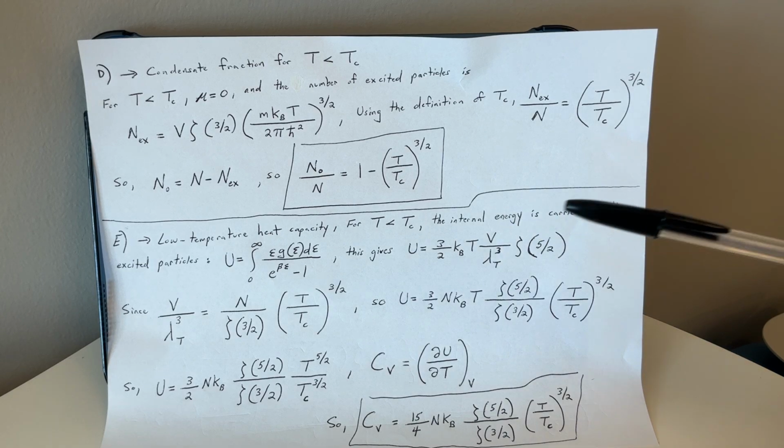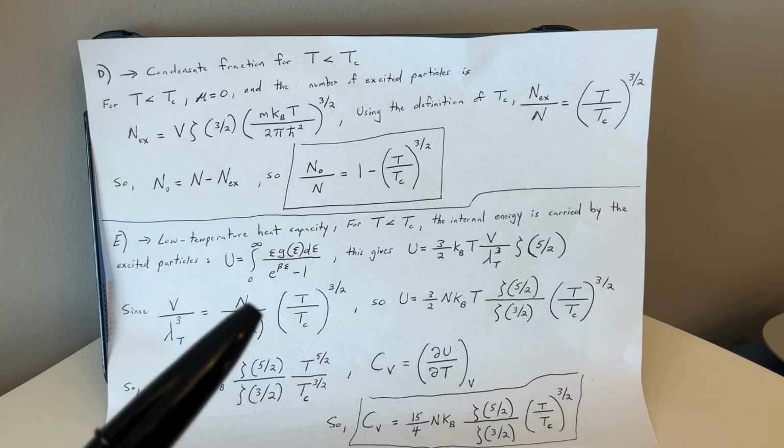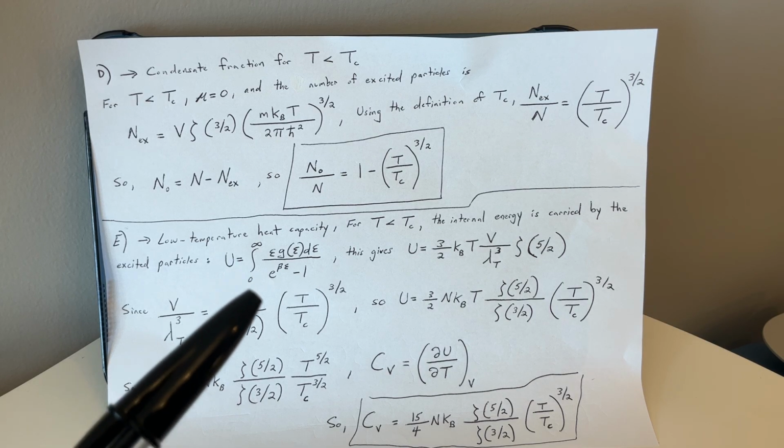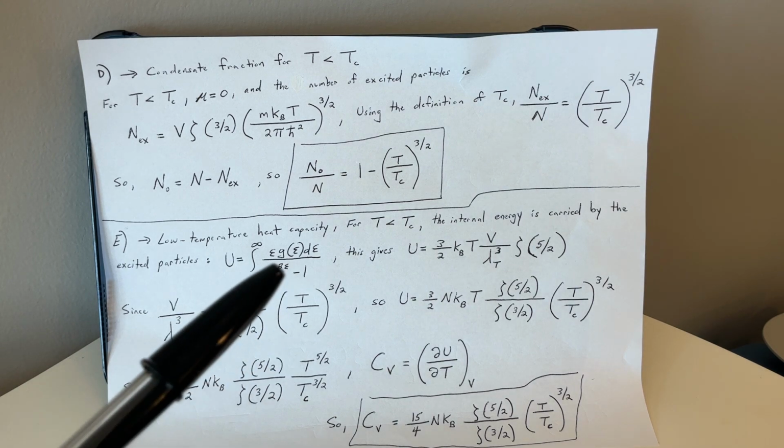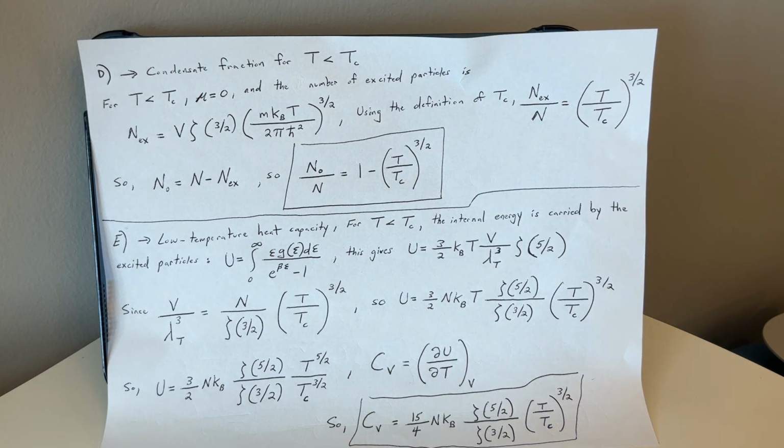So for T less than T_C, the internal energy is carried by the excited particles. U equals the integral from 0 to infinity of epsilon g of epsilon d epsilon over e to the beta epsilon minus 1. And this is going to give U equals 3/2 k_B T V over lambda_T cubed, zeta 5/2.